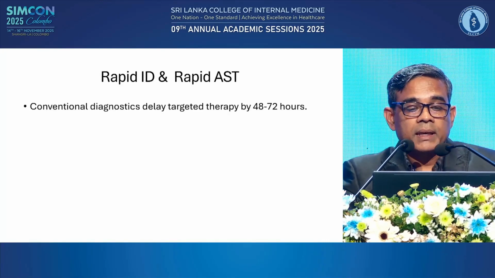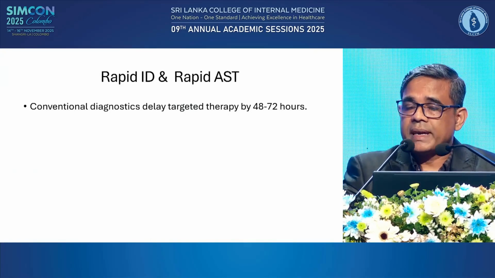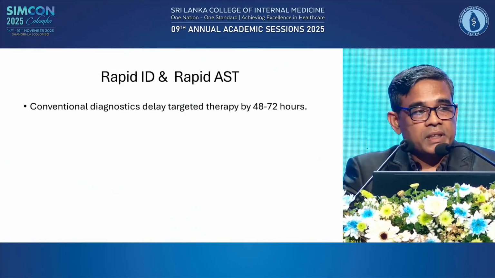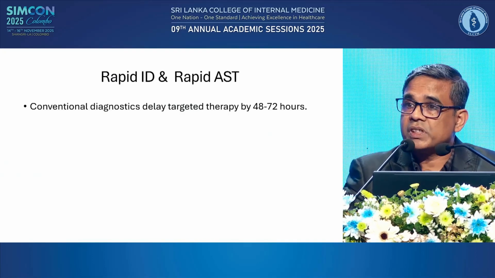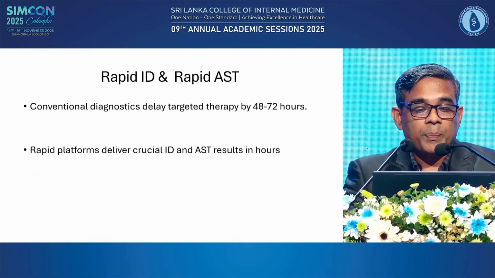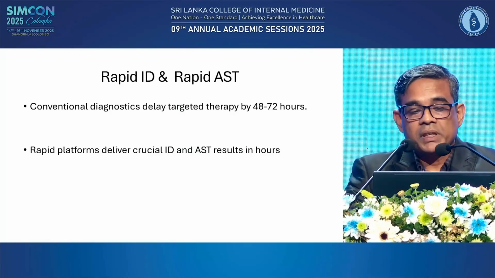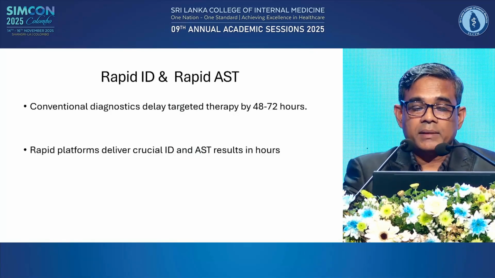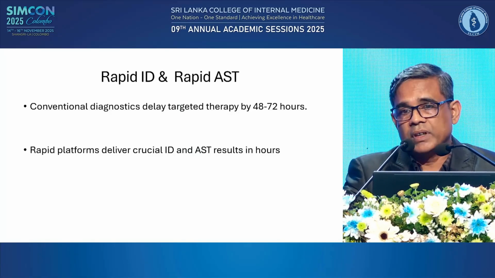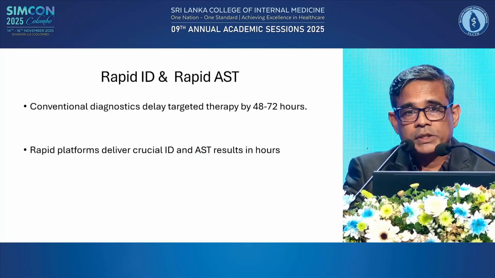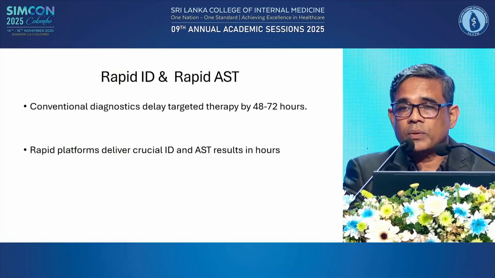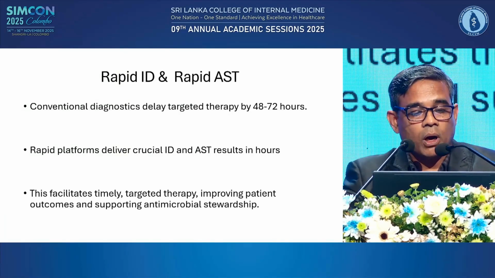Conventional diagnostics, as I mentioned earlier, will take 48 to 72 hours. Rapid platforms can deliver identification of the etiological agent, and we can work out antimicrobial susceptibility results within hours. That is very advantageous when you are dealing with a patient with sepsis and septic shock.